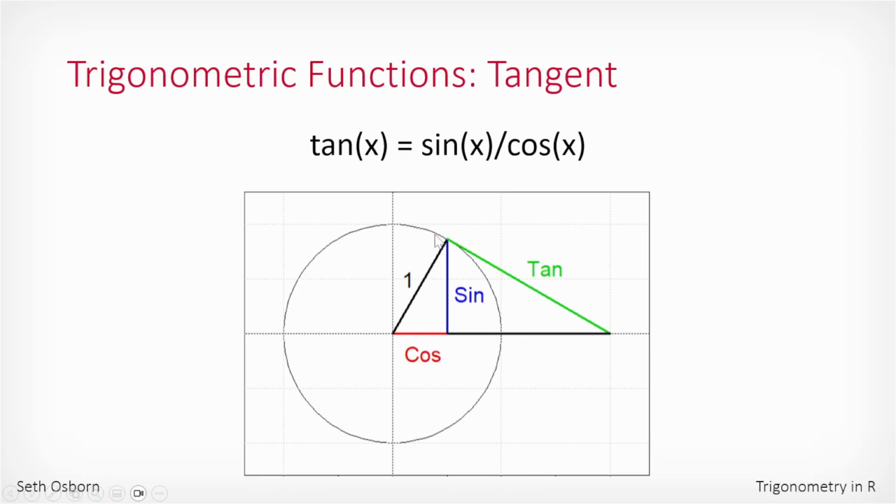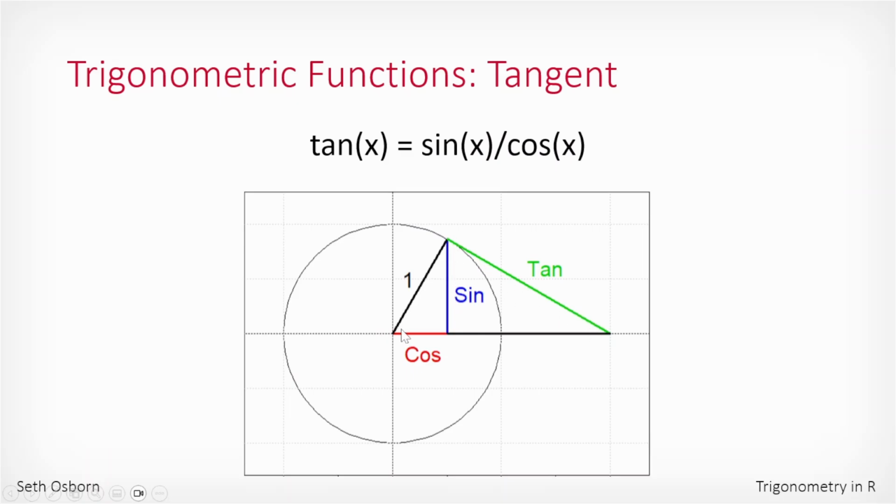So let's think about what that would imply. That means the ratio of this medium leg to this small leg, in other words, the ratio of tan to 1 is the same as the ratio of this medium line to this small line in the small triangle.